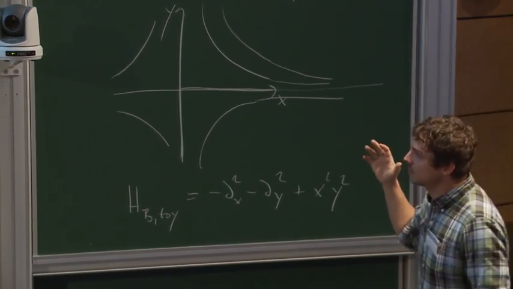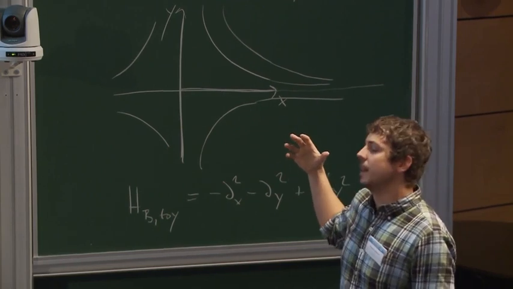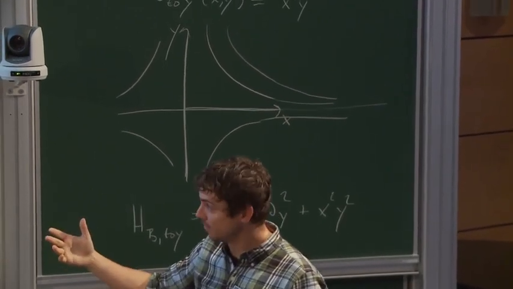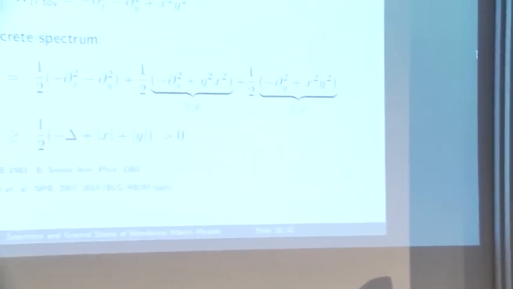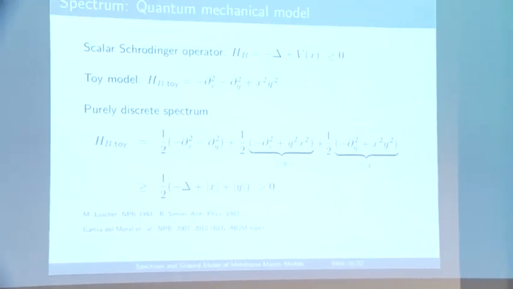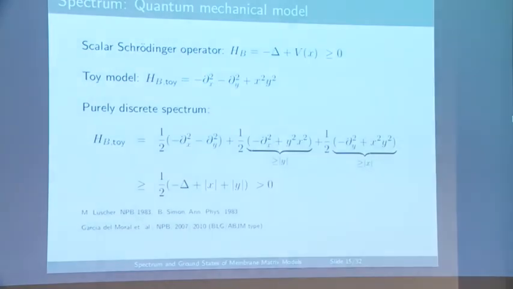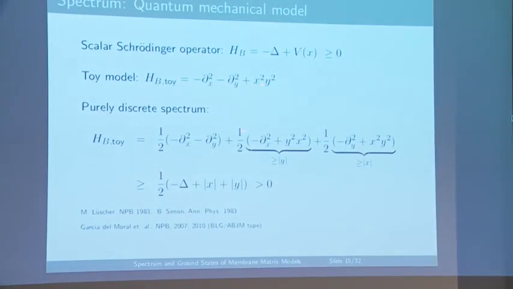And here you can use essentially this illustration, but it's a little bit more complicated on the matrix side, but essentially the same kind of computation. So considering this operator, you use what is happening along the valleys to bound this operator from below by something which has a discrete spectrum.